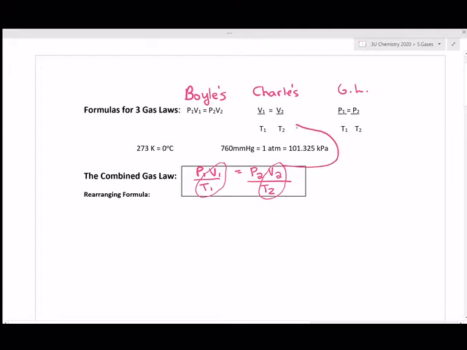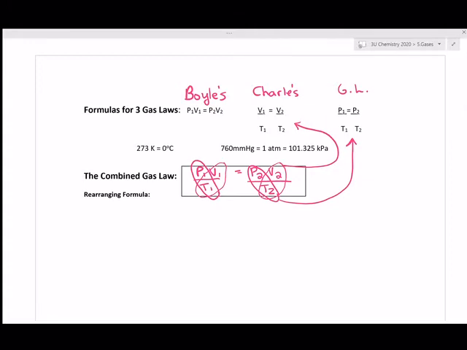There's Charles. And then we have P1 over T1 is P2 over T2, which is Gay-Lussac. So basically we've just combined all the formulas.